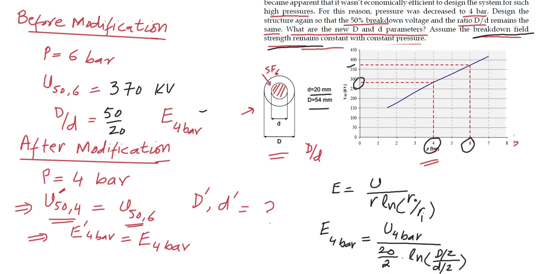Now U at 4 bar is approximately 280 kilovolts.